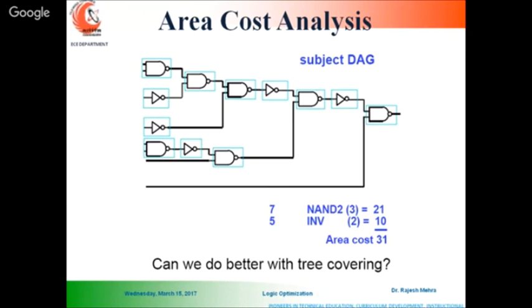If we calculate the cost of our network independently, not considering any other option at present, then the cost is 31. Can we do better?